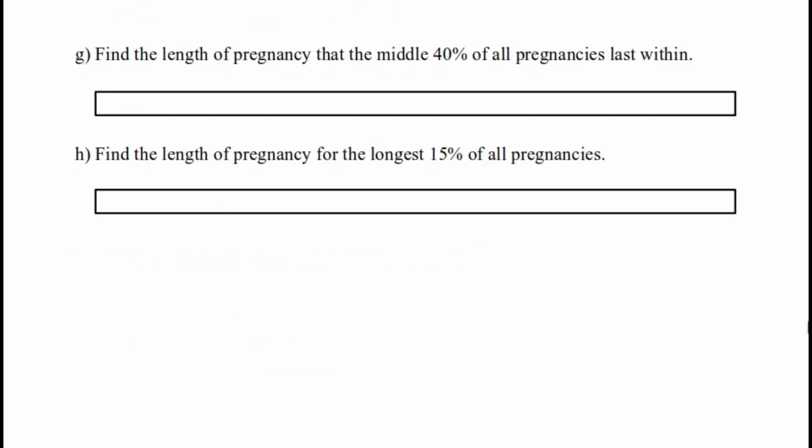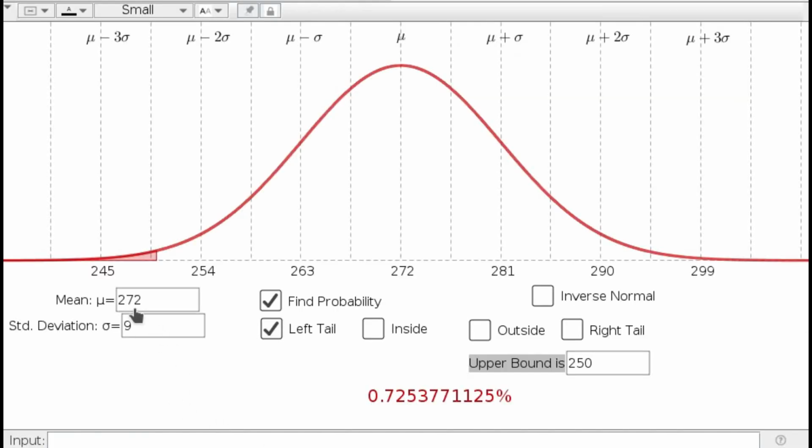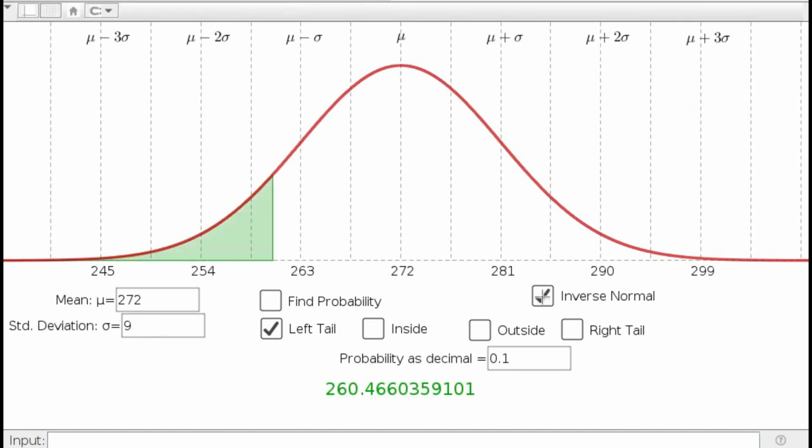Two more examples with the same mean and standard deviation. We're still talking about pregnancies. Find the length of pregnancy that the middle 40% of all pregnancies last within. So let's go back, check that our mean and standard deviation are still correct for the population of pregnancies. And let's find inverse normal. We want to find those boundaries.